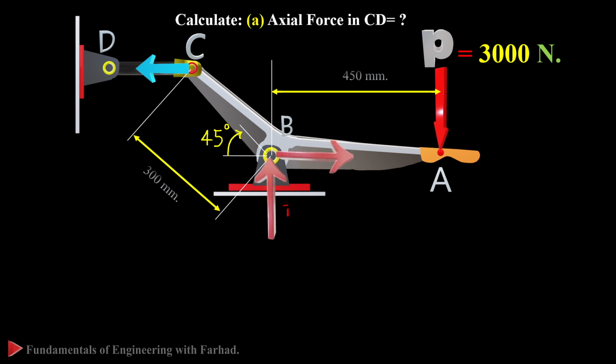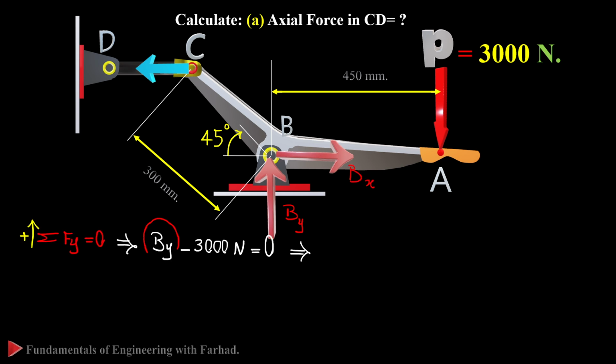Likewise, if you jot down the summation of forces in y equals zero, it simply says By is equal to the downward force P, which is 3000 Newton.